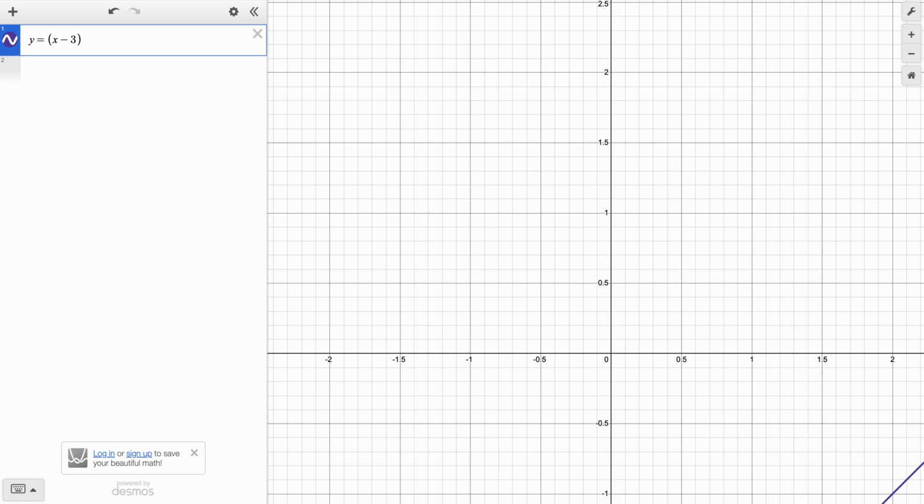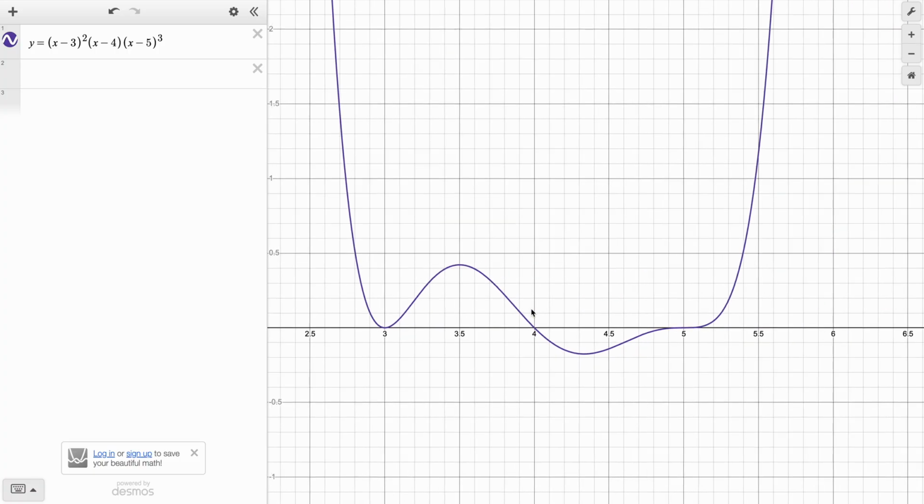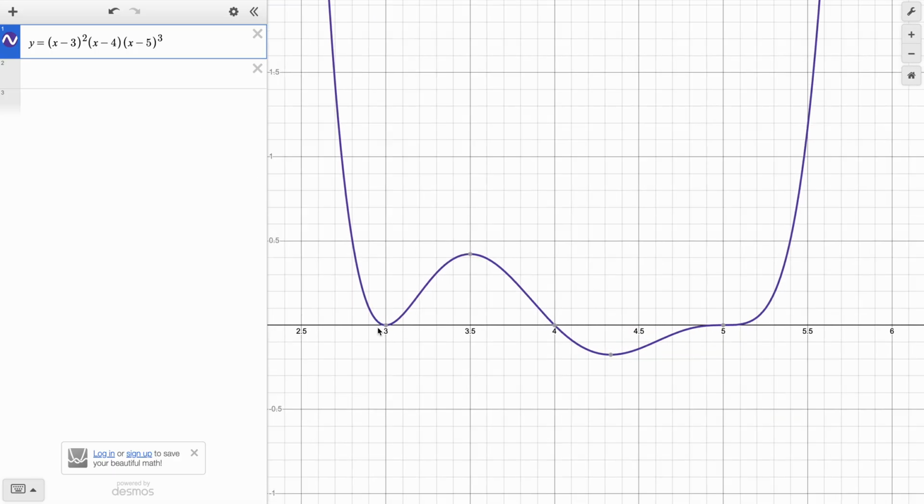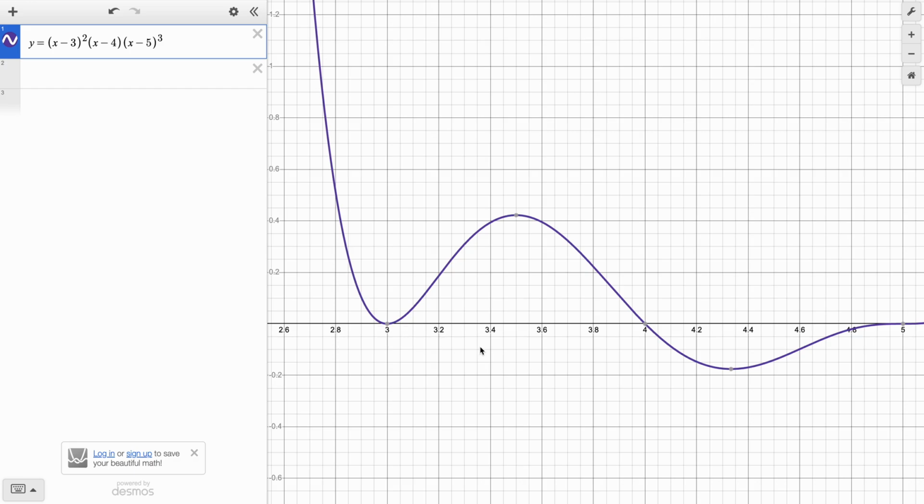We could also investigate polynomial characteristics. So we could do (x minus 3) to the power of 2 times (x minus 4) times (x minus 5) to the power of 3. If we press enter, we will see that the graph will look like this, and we can clearly see that we have 1 root, 2 roots, and 3 roots right here. So 3, 4, 5 correspond to the polynomial function right here, and the multiplicity at each root is also visualized.